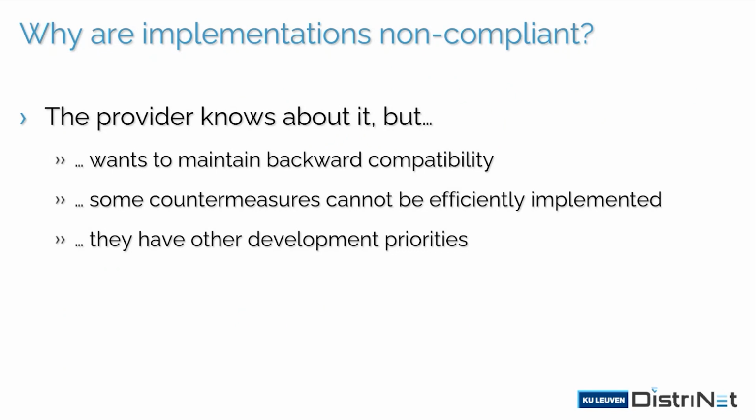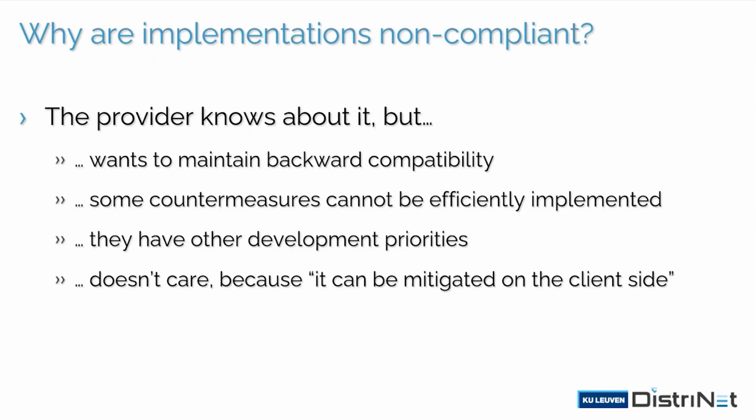Again, probably not the best thing to do, but that's just how it is. And finally, they are just shifting the blame. They say, we could implement this countermeasure, but it can also be implemented on the client, so why should we do it? Let the client do it. Fair enough. The problem is, of course, that most clients won't do it. And so again, I don't think that's the best strategy.